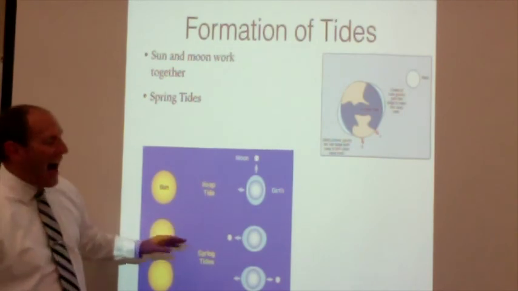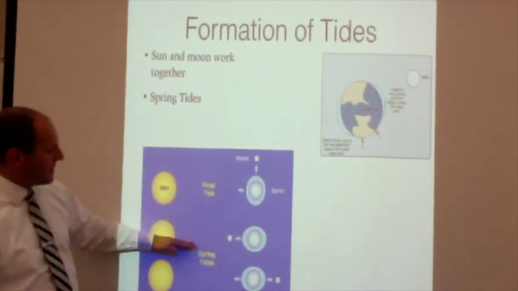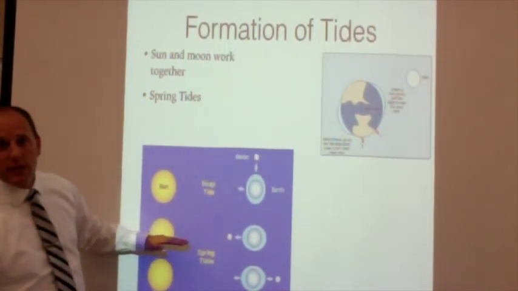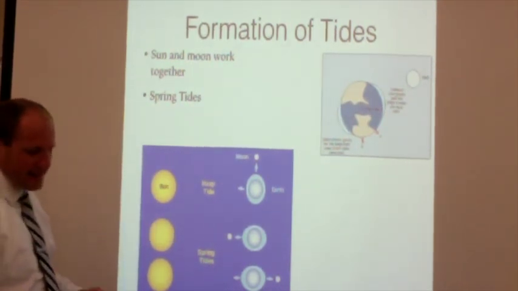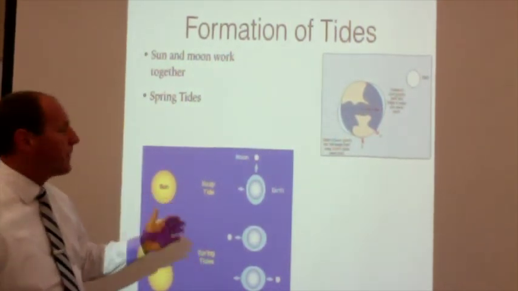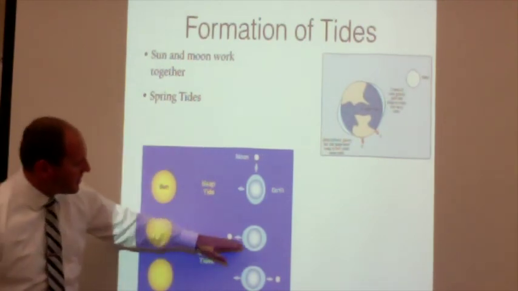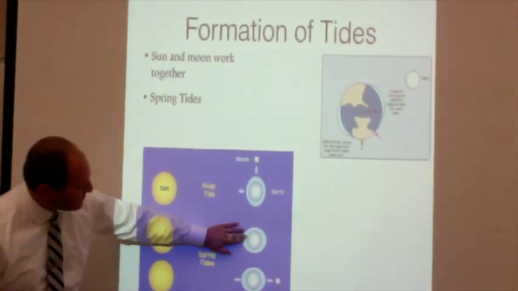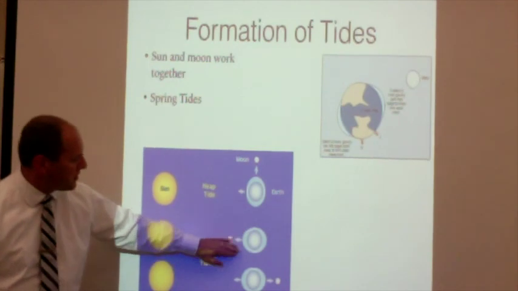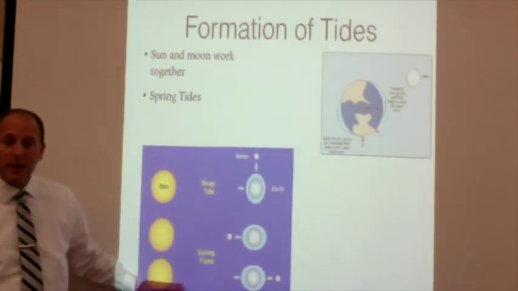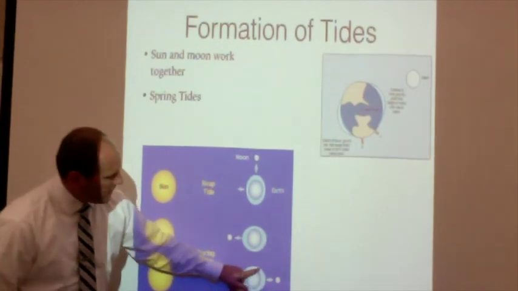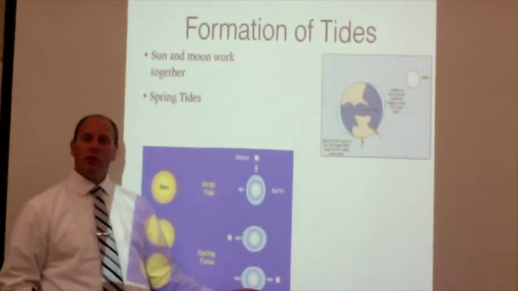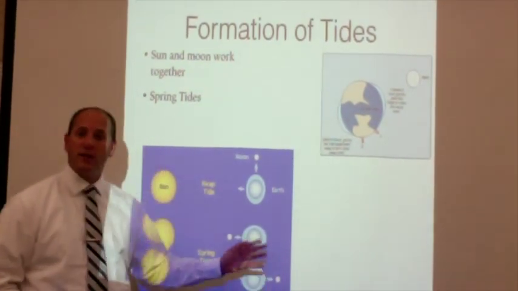So we have the highest high tides and the lowest low tides when we have the spring tide. It's our largest tidal range. So spring tides, the moon and the sun work together to get a huge bulge. And here, the moon and the sun, you might think, are working opposite each other. But remember, the side closest to the moon is going to be affecting those tides greatly.